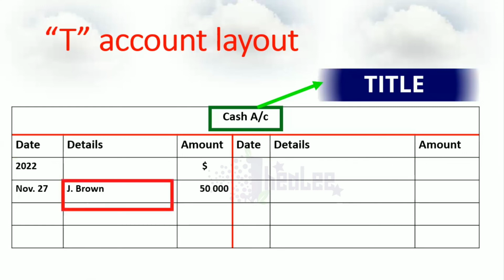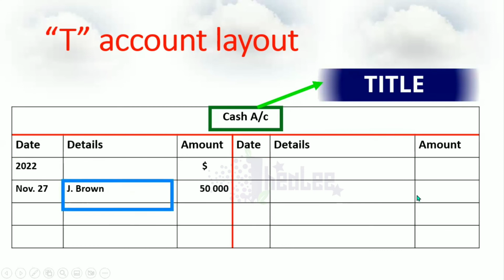So the rule in writing your details is that you will be recording the other item that is affected. So again, we're within the cash account. Our details is J Brown. This is simply telling us that the other item affected is J Brown. Another thing that this is telling us is that if you go to the account for J Brown, you'll see the corresponding entry on the credit side.